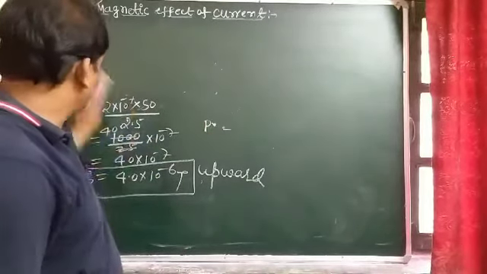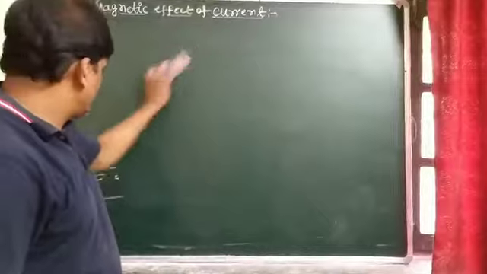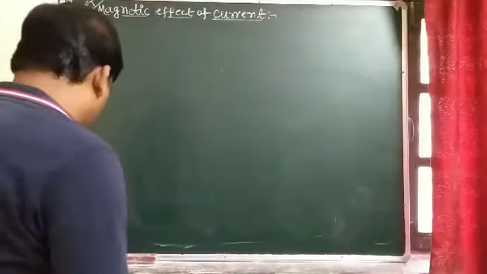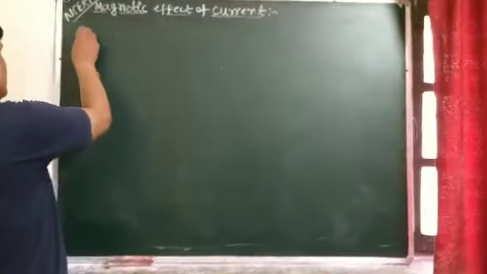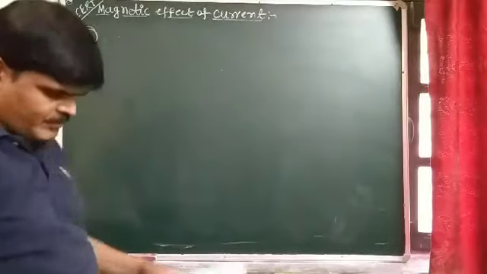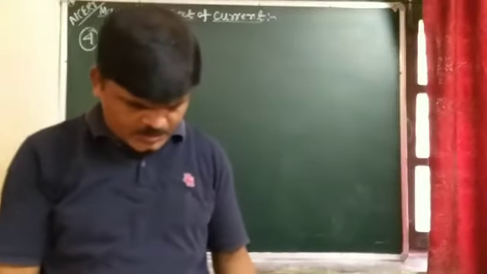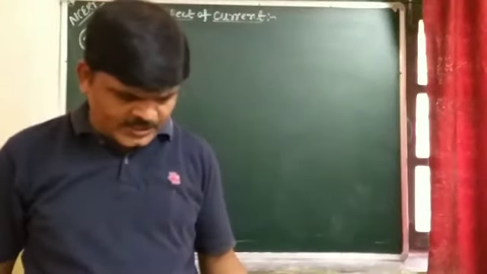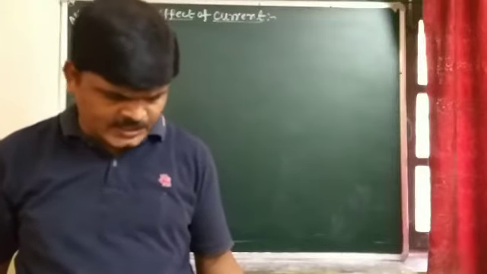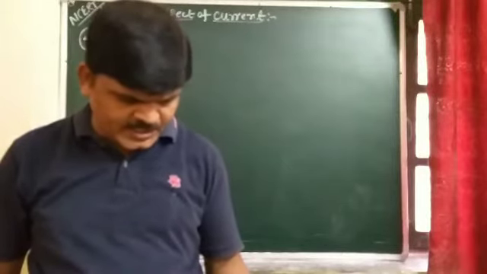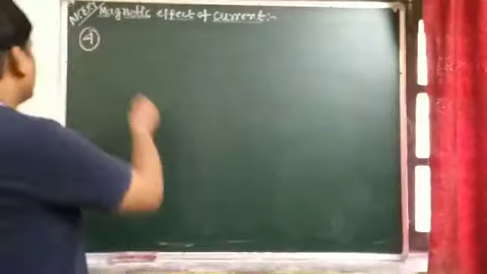Next, question number 4, student. A horizontal overhead power line carries a current of 90 ampere in east to west direction.